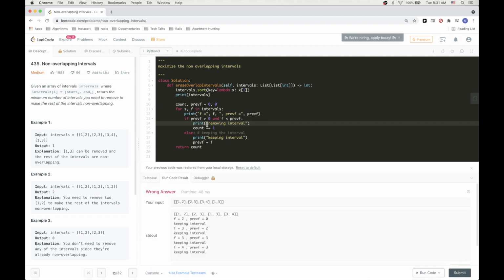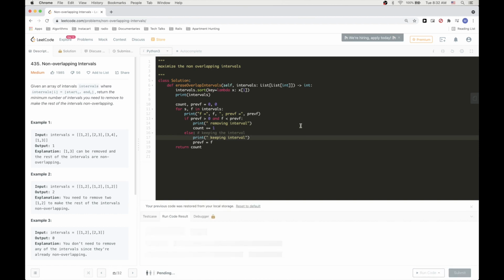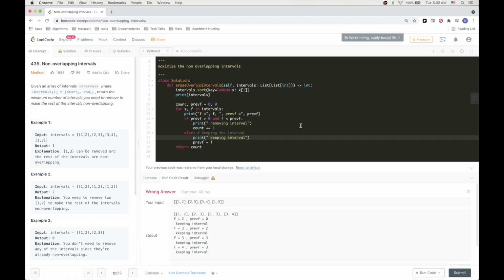Okay, actually I would prefer to do something like this. For this one we are keeping the interval, for the next one keeping the interval. Now for this one, the ends are equal, 2 3 and 1 3. The problem is the ends are equal, but they do overlap, so we need to do more checks for overlapping.